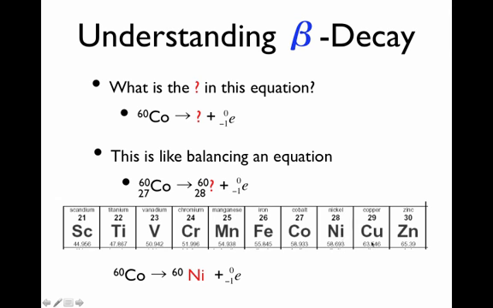And this is true always for beta decay, because with beta decay you are always gaining one proton, and if you gain one proton, you basically go up one in the periodic table. So that is one of the characteristics of beta decay. Whatever isotope you start with, the ending isotope will be one to the right on the periodic table.